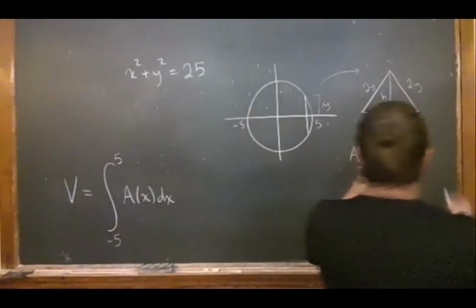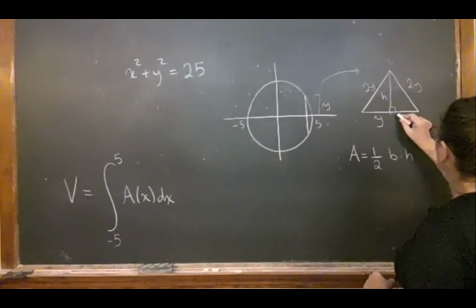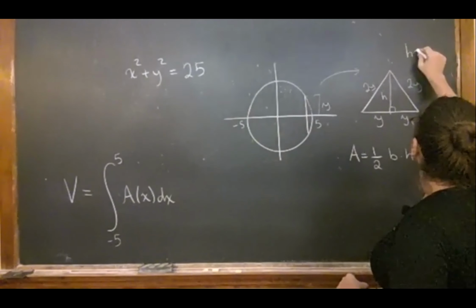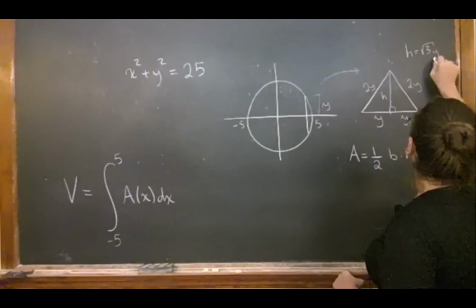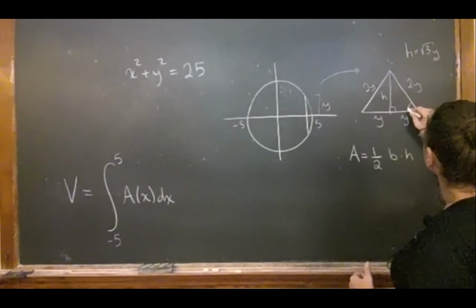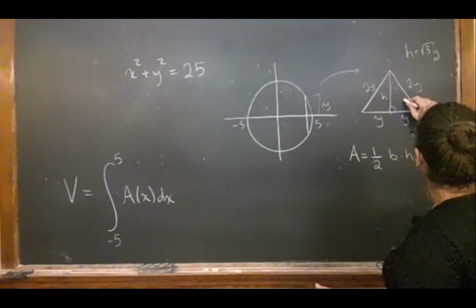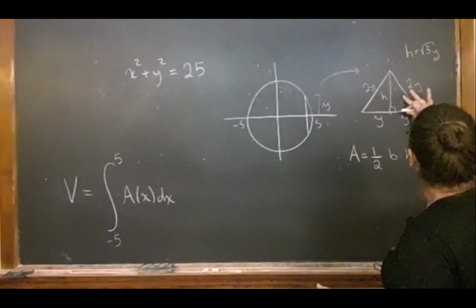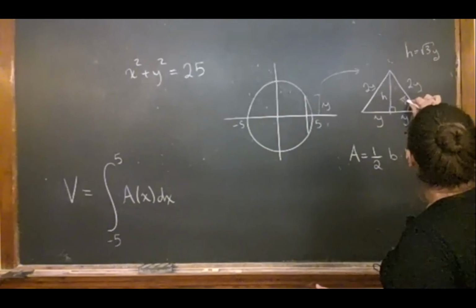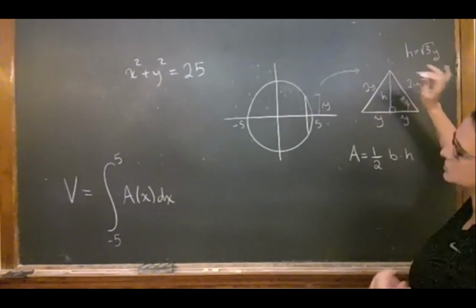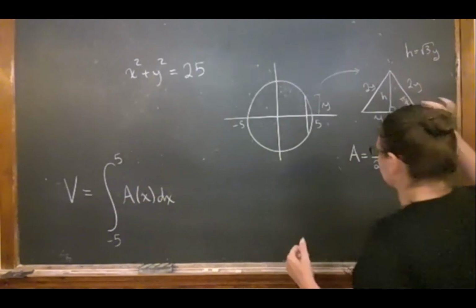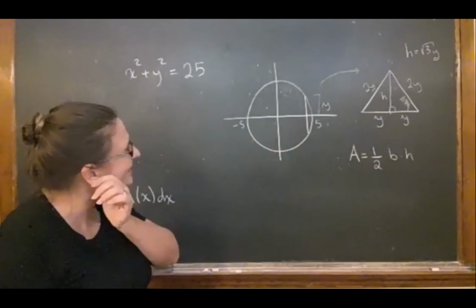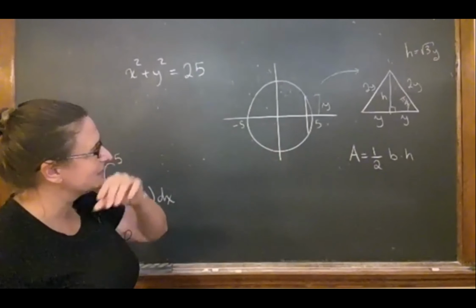This would be y, this would be 2y, and then h would be square root of 3 times y, because this is 60 degrees, or pi over 3, and this is 30 degrees, or pi over 6. Just making sure that I'm keeping it straight.